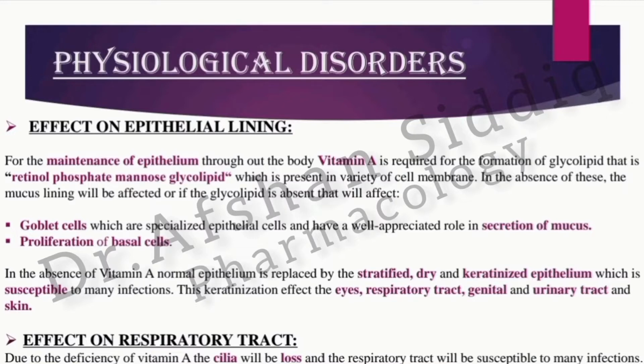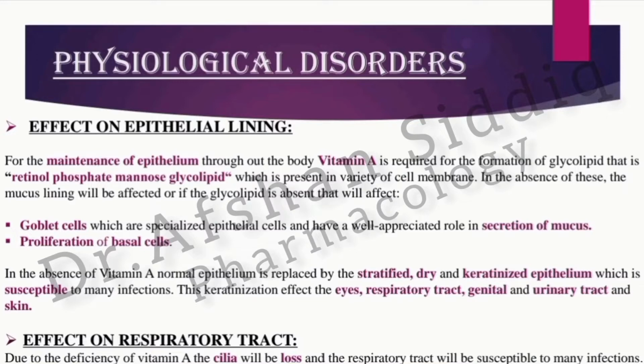So vitamin A is required in the formation of a glycolipid termed retinol phosphate mannose glycolipid, which is present in a variety of cell membranes.